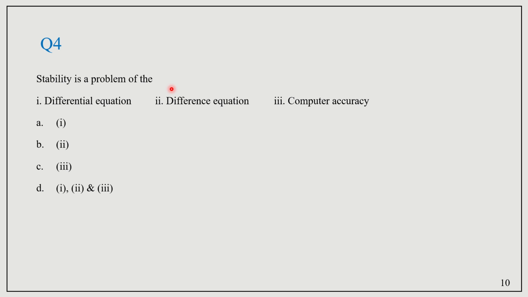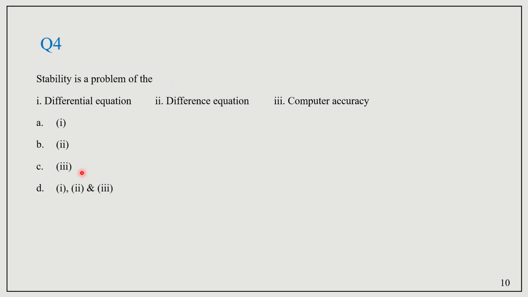If it is unstable, we will have a large error, and the error keeps on multiplying. If the system is unstable, the computed solution will deviate far from the exact solution, and therefore we will have issues.